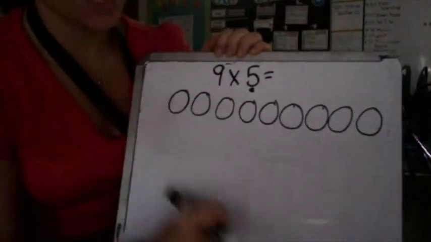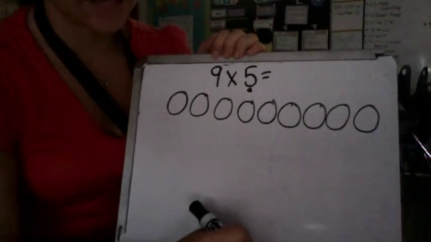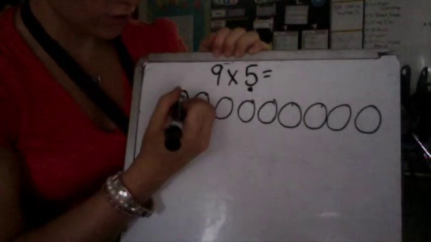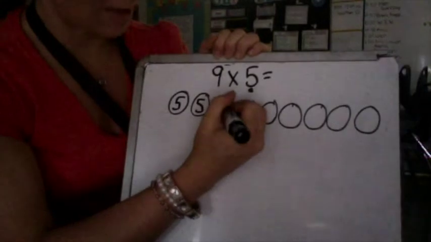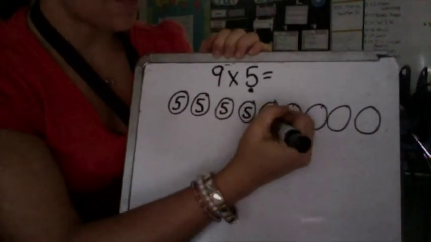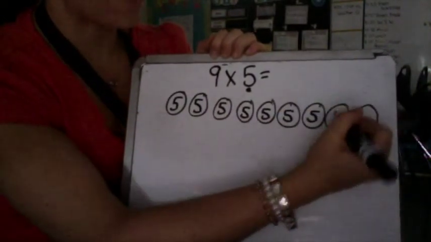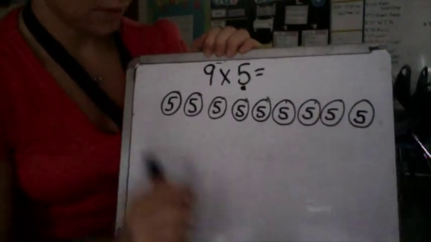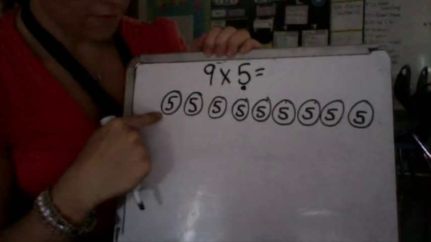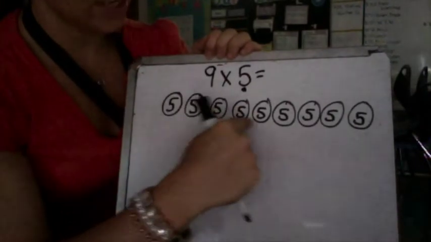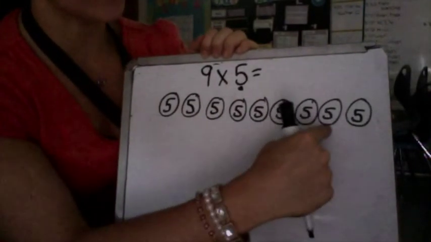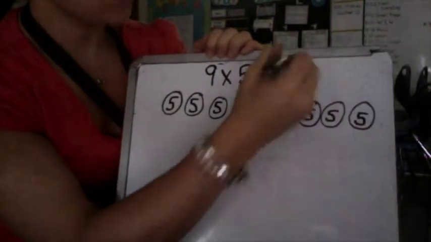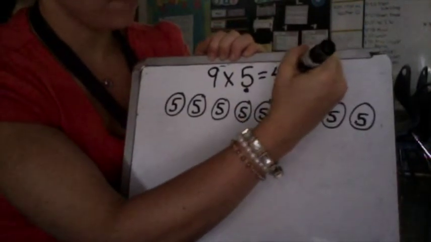But I'm not going to sit here and draw 5 dots inside each. I'm just going to write the number 5 on them so that way I can skip count by 5 because that is something we are really good at. So let's skip count. 5, 10, 15, 20, 25, 30, 35, 40, 45. So our answer is 45.